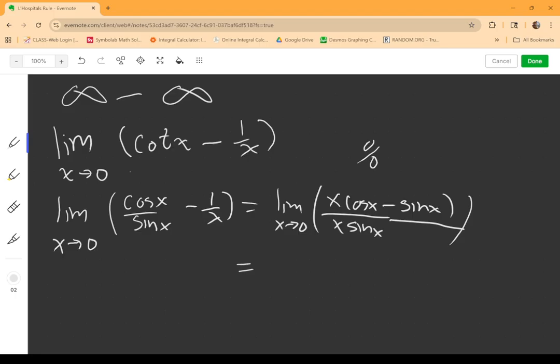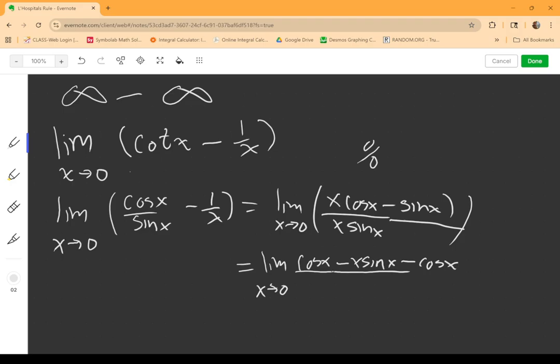Now, L'Hopital's rule is a good practice in applying all your differentiation formulas. On the top, we have the product rule: cosine x minus x sine x, and then minus cosine x.